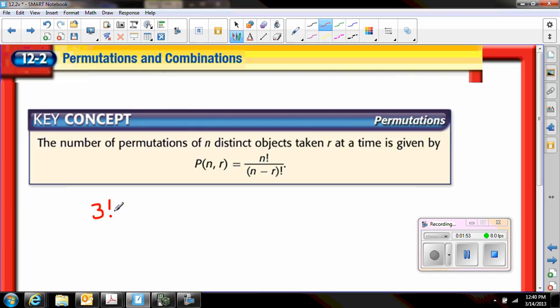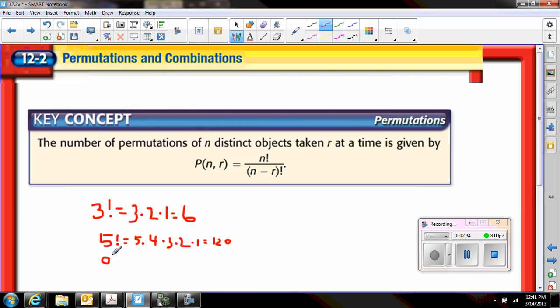So for instance, 3 factorial is described as 3 times 2 times 1, or 6. 5 factorial can be described as 5 times 4 times 3 times 2 times 1, or 120. So n factorial is described as that number times every integer on down to 1.